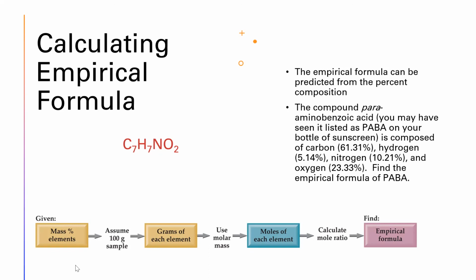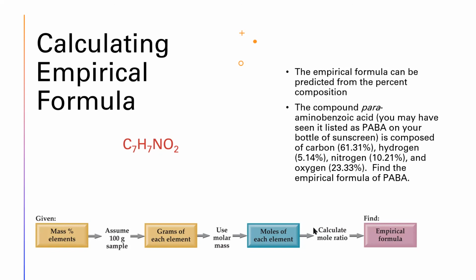After we get the mass of each element, we use the molar mass of each element to get the moles of each element, and then we calculate the mole ratio.